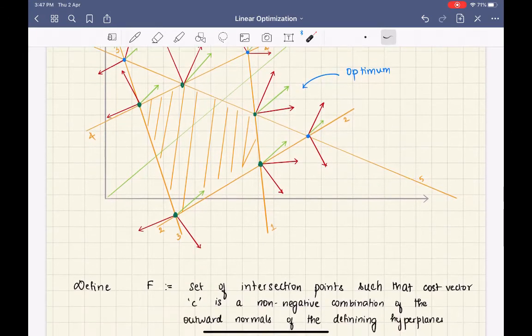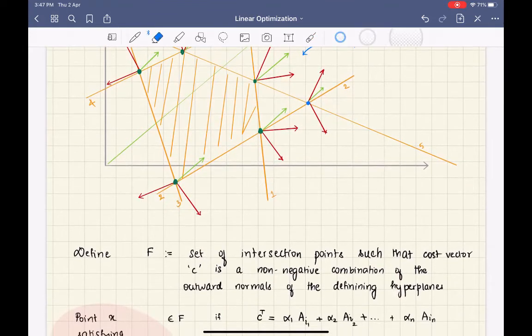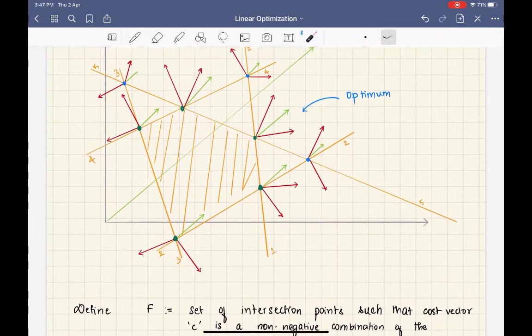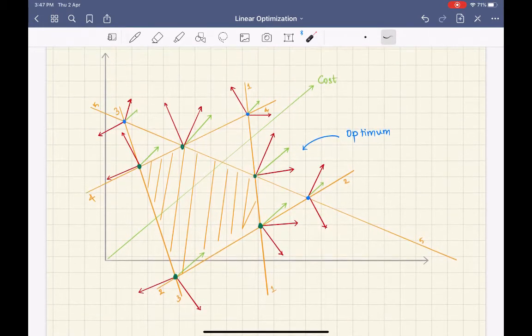Let's see. Define F to be the set of intersection points such that the cost can be written as a non-negative combination of the outward normals. So here it would be this, this, this, and the intersection of these two.